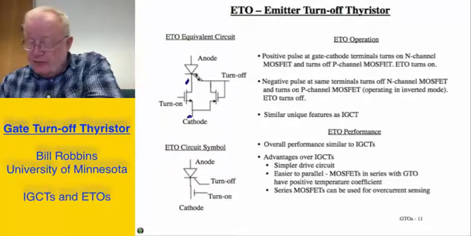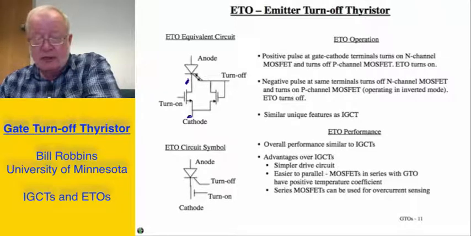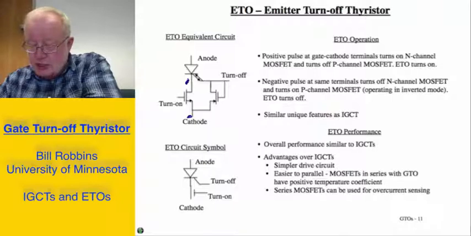To turn it off, I apply a negative gate pulse to the same terminals. I turn off the turn-on MOSFET, the N-channel MOSFET, and I turn on the P-channel MOSFET. By turning off the N-channel MOSFET, I allow the internal cathode, or if you like, the cathode of the GTO itself, to rise above the external cathode voltage.